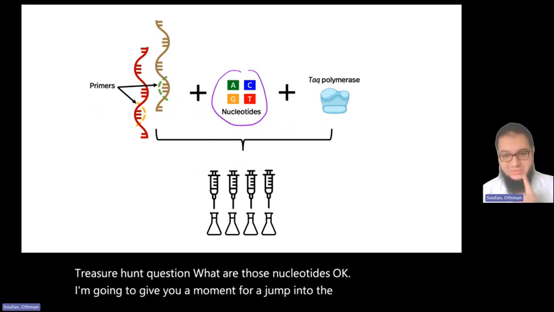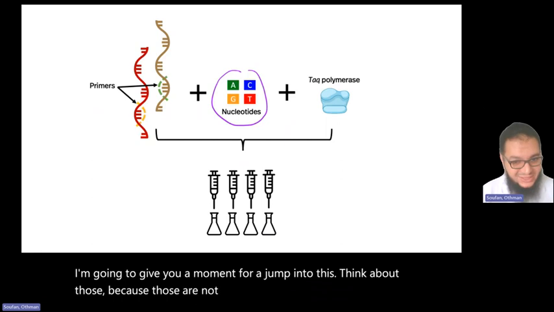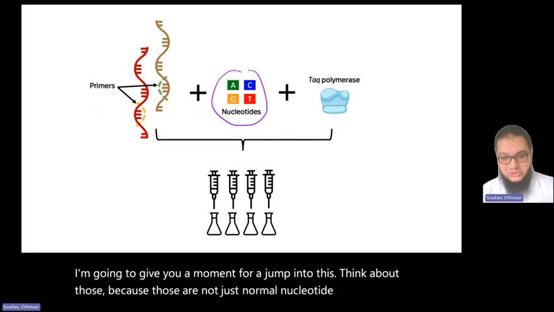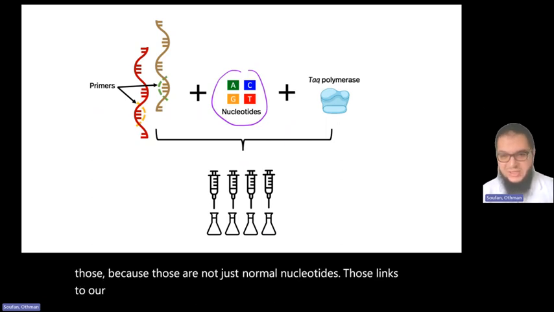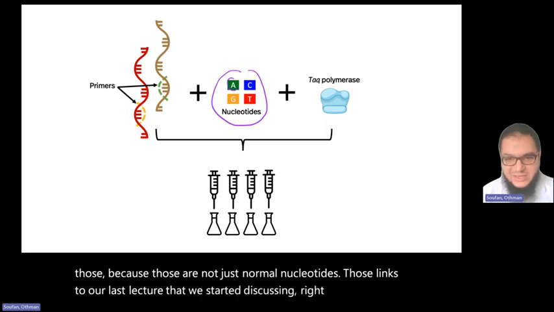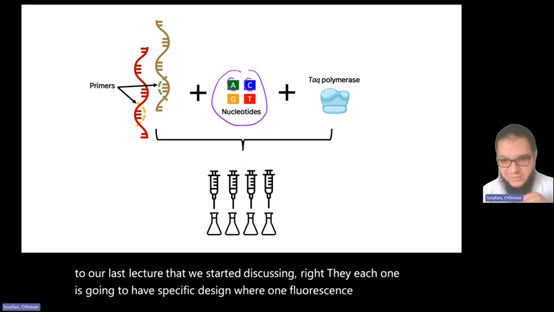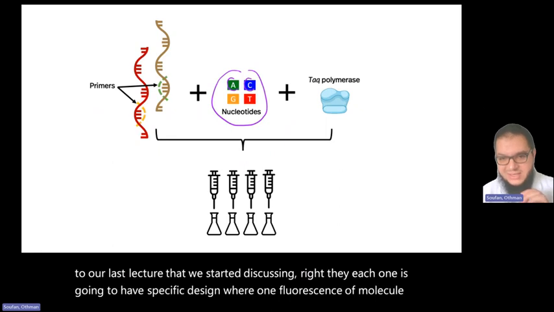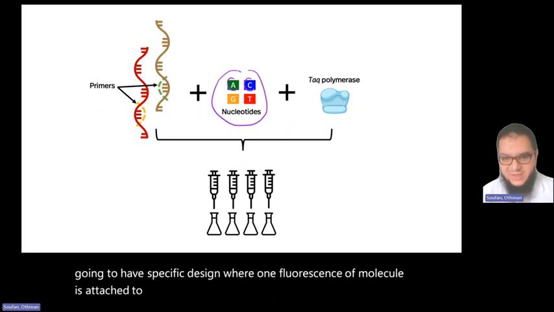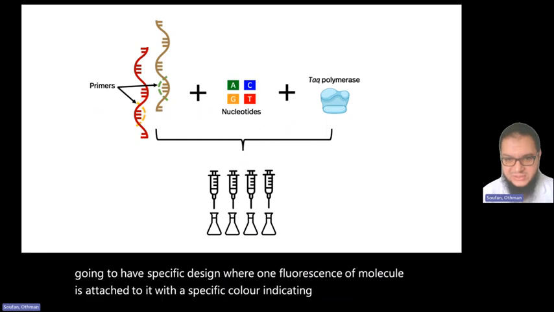Think about those, because those are not just normal nucleotides. Those link to our last lecture that we started discussing, right? Each one is going to have a specific design where one fluorescence molecule is attached to it with a specific color indicating that specific nucleotide.